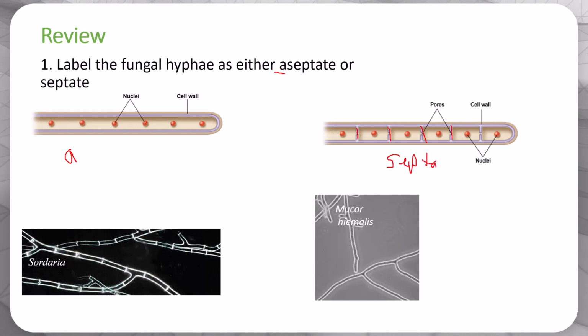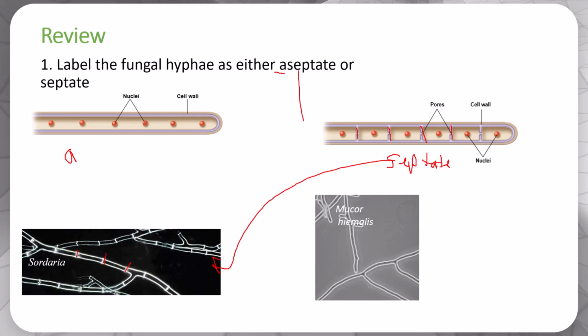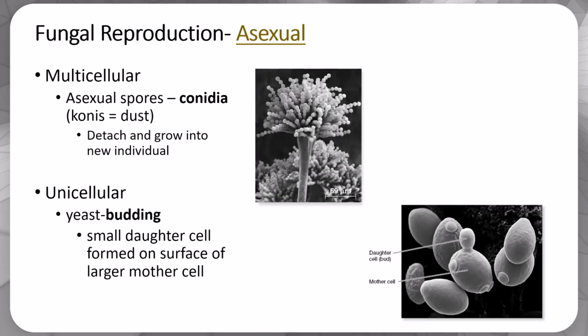And then if we look at the actual microscope images here, this fungus has dividing walls, right? So that's going to be septate. And these guys don't have any dividing walls, so that's going to be aseptate there.